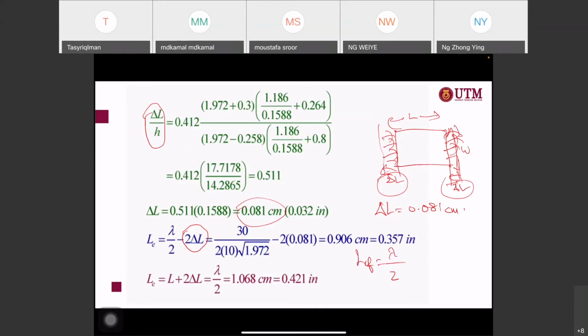Lambda you need to find is lambda G. Lambda G is equal to lambda naught over 2 epsilon effective, where lambda naught is equal to C over F.